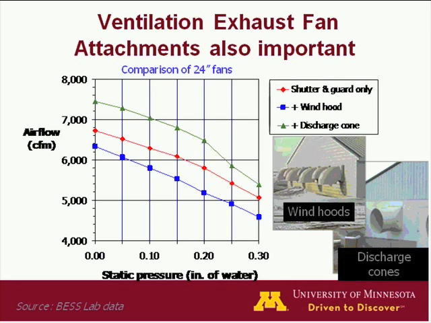If you put a wind hood on it, where the air has to move 90 degrees, your flow rate or your fan capacity ratings would be the blue squares. It would be reduced about 10 or 15%.